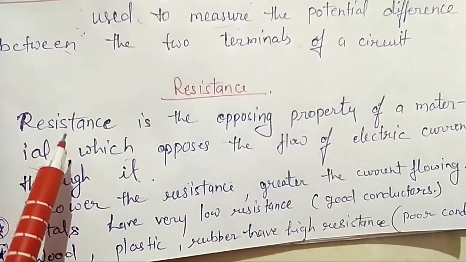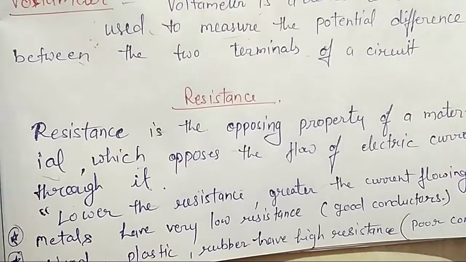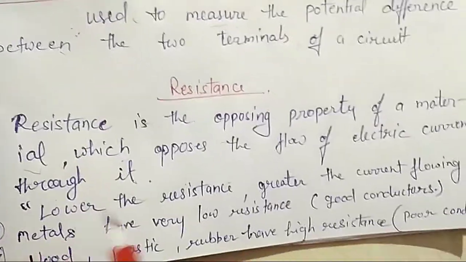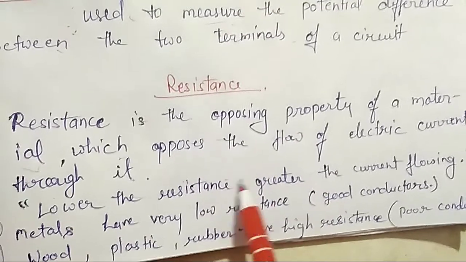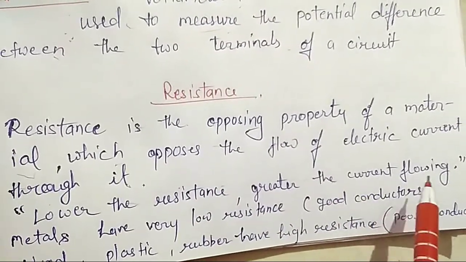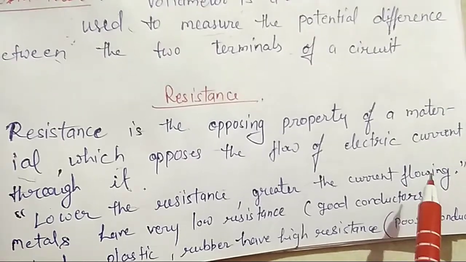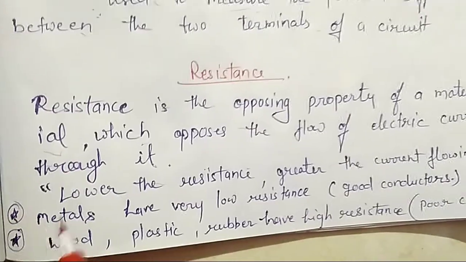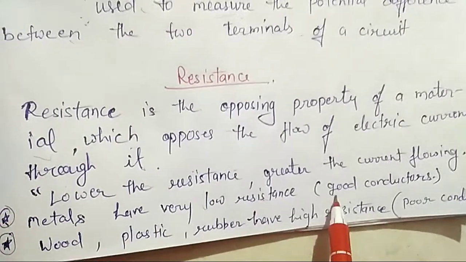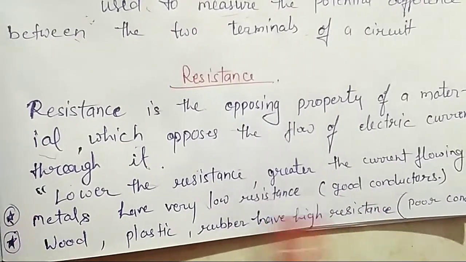Resistance is the restriction in the path of the electric current. So if the resistance is high, the current will not flow; we can say the flow will slow. Metals have very low resistance. That's why they are good conductors.